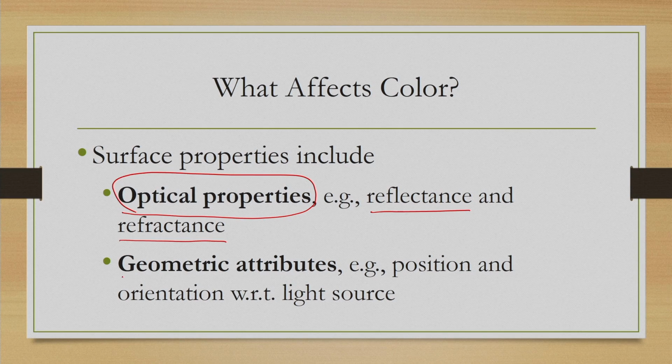Apart from these optical properties, there are geometric properties or attributes as well, such as position of the object surface with respect to the light source, orientation with respect to the light source, and so on. These also determine the amount of color or the particular color that we perceive. That is about surface properties.